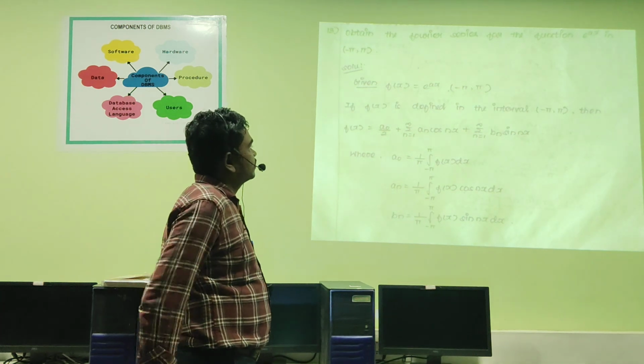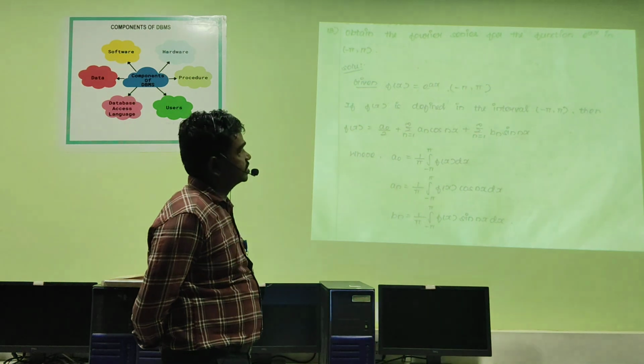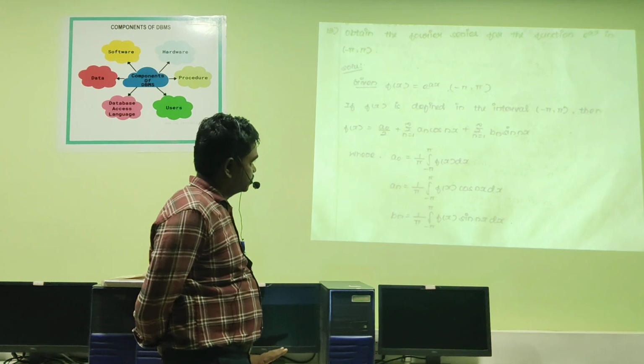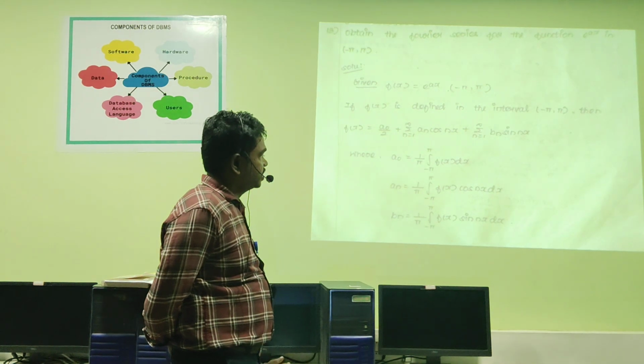So given f of x equals e power x, the interval is minus pi comma pi. If f of x is defined in the interval minus pi comma pi, then we use the general formula, so all coefficients a0, an and bn are here.